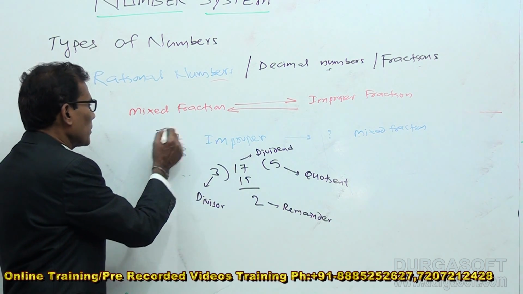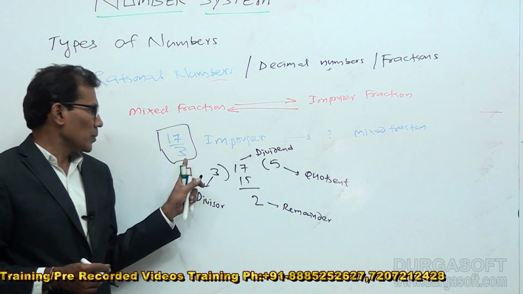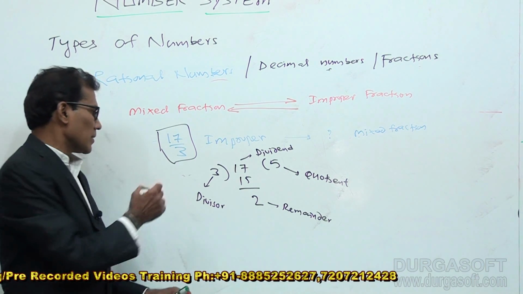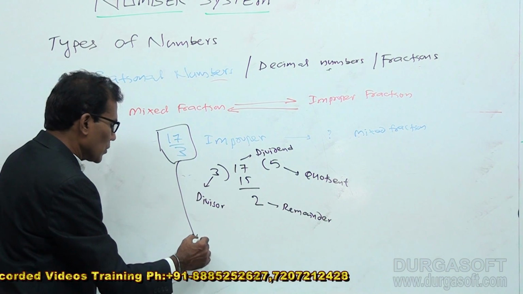17 by 3 is an improper fraction. Our idea is to convert it into a mixed fraction. To convert an improper fraction into a mixed fraction, perform ordinary division. After the division, 17 by 3 improper fraction is exactly converted into mixed.